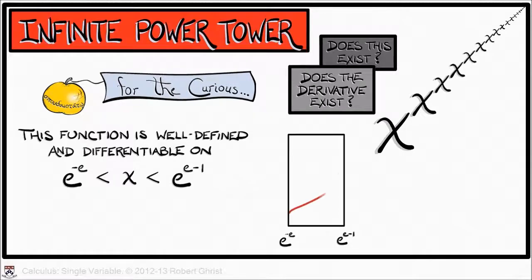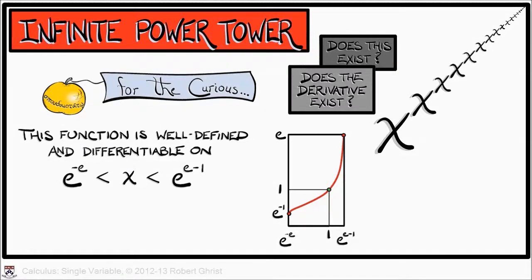The function itself looks, well, a little complicated. It blows up pretty quickly after the value of x equals 1, where the function, of course, takes on a value of 1, and 1 to the 1 to the 1 to the 1, etc.